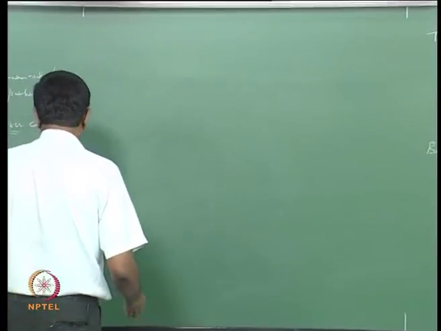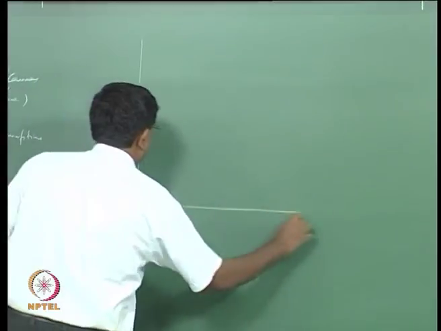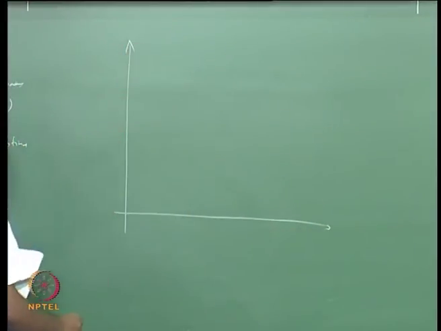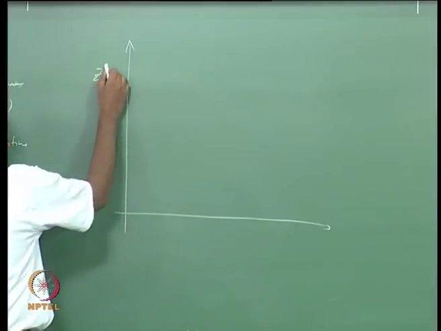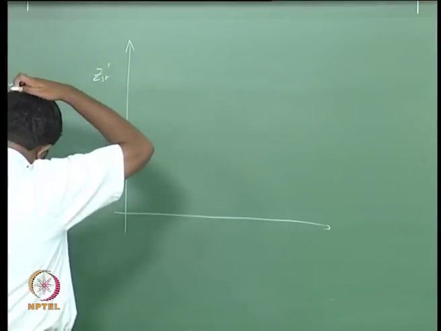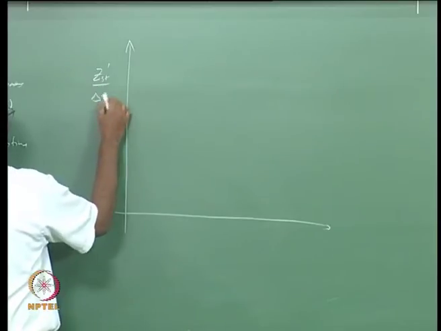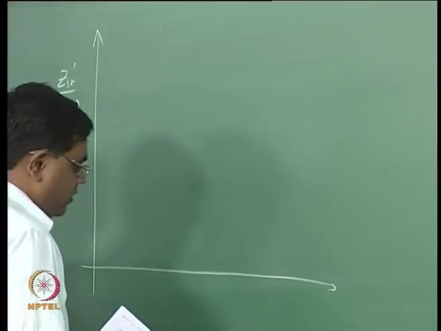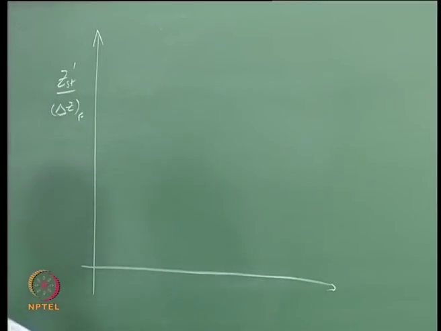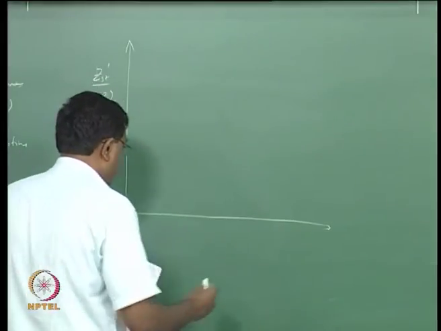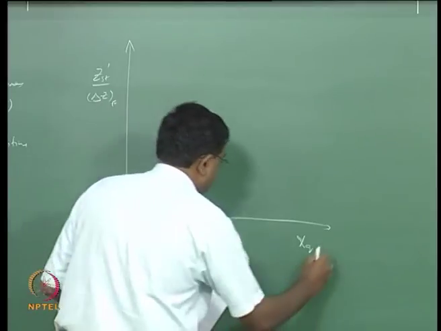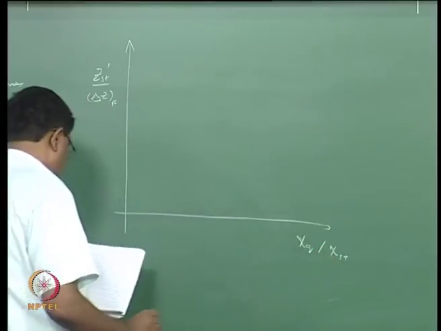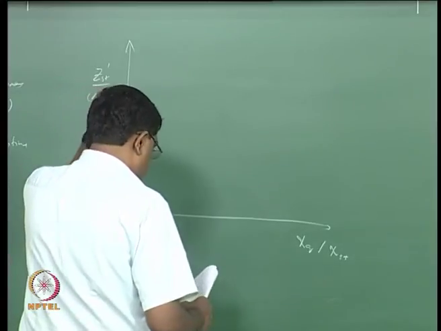So what we want to plot here is a fluctuation amplitude Z prime divided by the diffusion thickness in mixture fraction space, and on the x axis, the horizontal axis, we want to plot a measure of turbulence, which is now going to be the scalar dissipation rate at extinction divided by the scalar dissipation rate at stoichiometric.